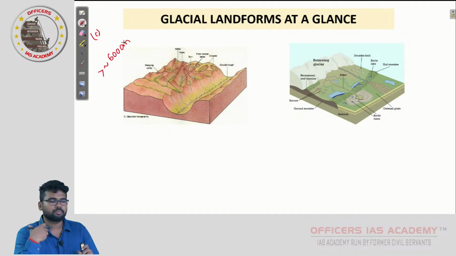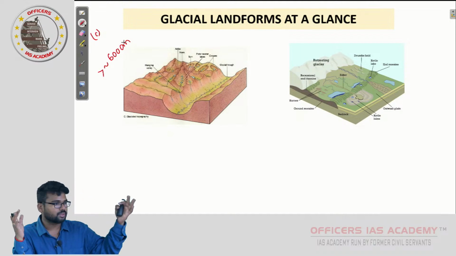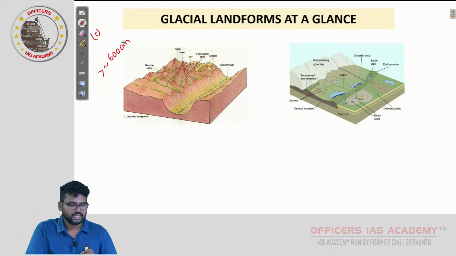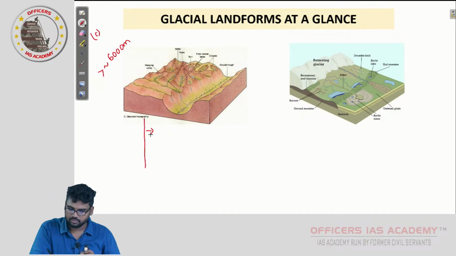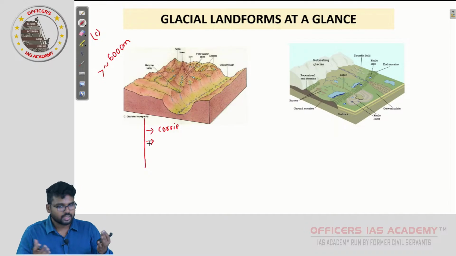Permafrost means permanent presence of snow. There the land is covered with snow and we can have big ice blocks. In such areas, due to the erosional activity, we can have a corrie. What is a corrie? A corrie is a depression or a hollow basin cut.